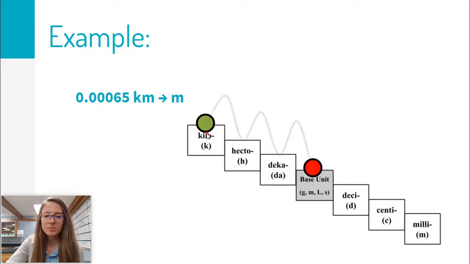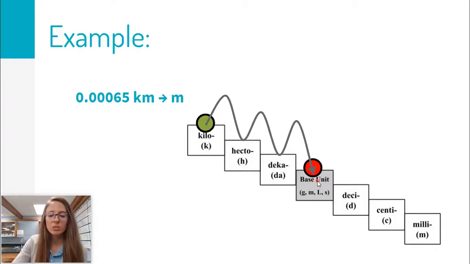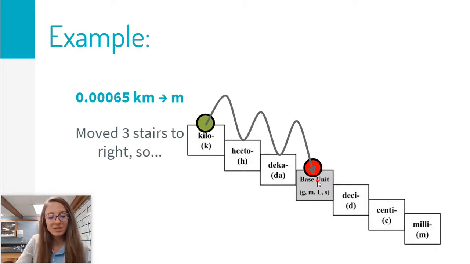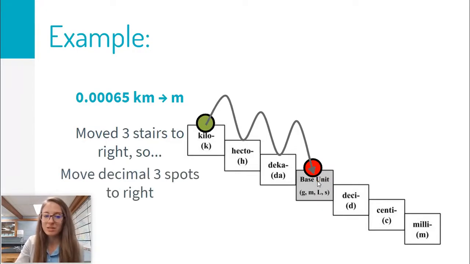So we are going 1, 2, 3 stairs to the right, which means we need to move the decimal 3 spaces to the right. When we do that, the decimal goes 1, 2, 3 to convert this number into 0.65 meters. And that's how you convert using the metric stairs.